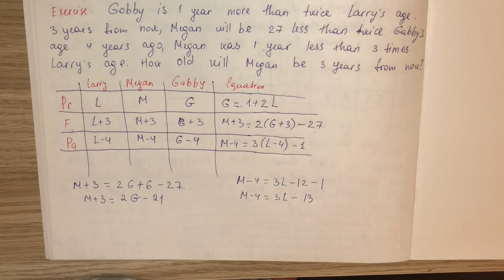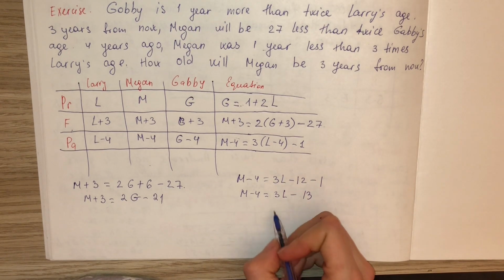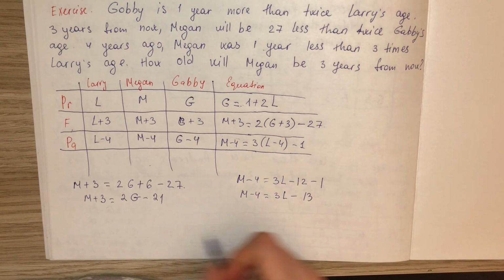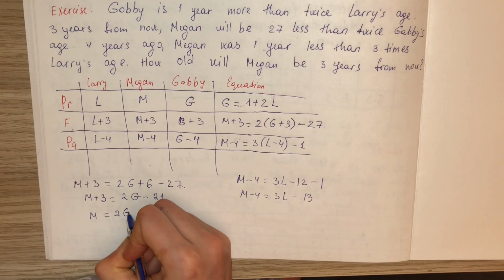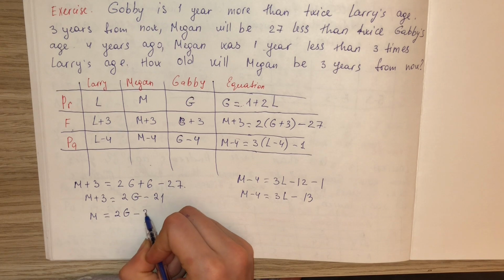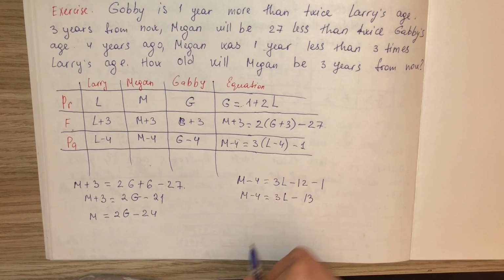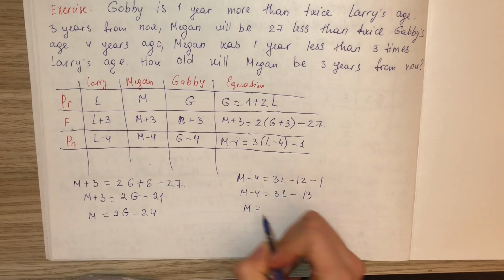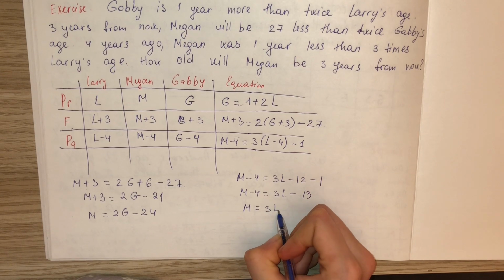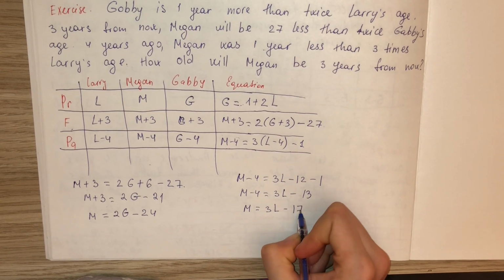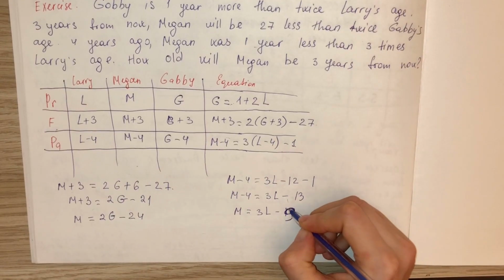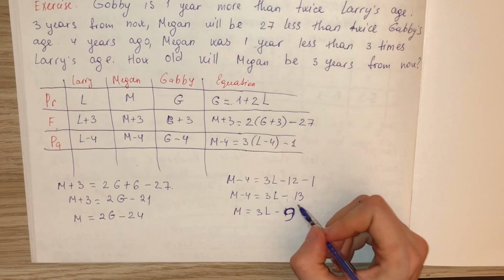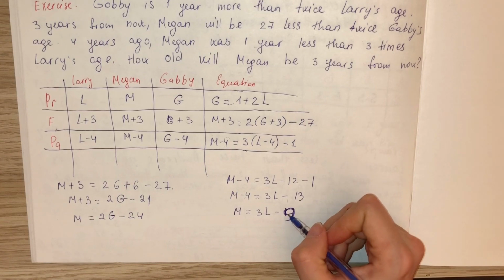Here we get that M is equal to 2 times G minus 24, and here M is equal to 3 times L minus 9. If we add 4 to both sides, we will get 9.